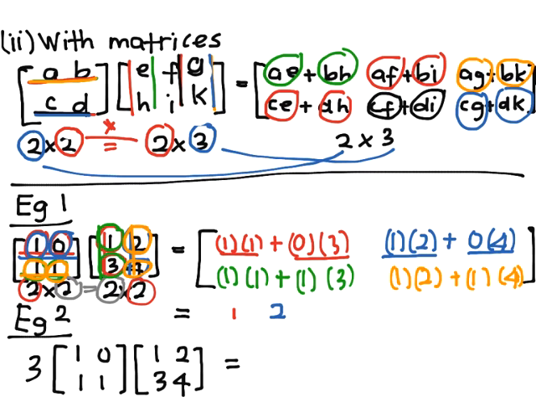Third position, 1 multiply 1 is 1, plus 1 multiply 3, which is 3, so we come up with 4. And last position, 1 multiply 2 is 2, plus 1 multiply 4, which is 4, so 2 plus 4 is 6. So this is actually our final answer.